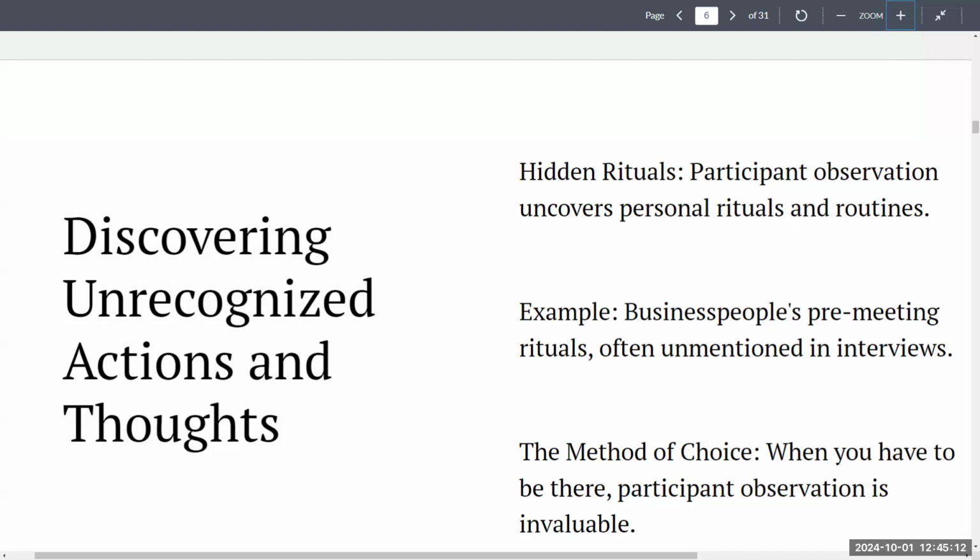For example, in corporate environments, employees might engage in small pre-meeting rituals like preparing a cup of coffee together, reviewing notes, adjusting their seats, and arranging things to make them feel prepared for the meeting. That is a ritual they don't necessarily recognize as a ritual, but it is so habitual. This is what we do, right? We get together and we do that.